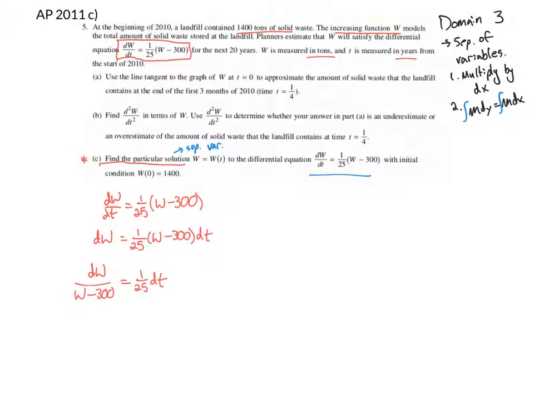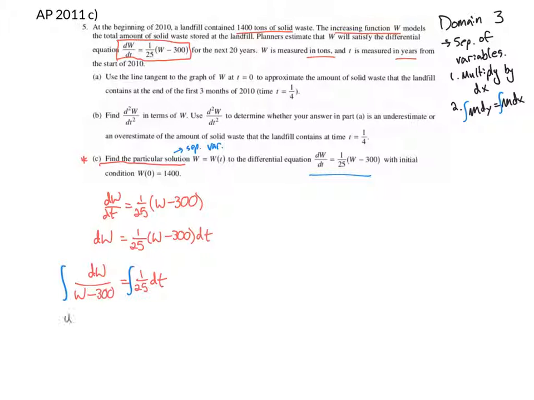From here, you can see that I've got W's with dW and t's, or just a number with dt. So what I can do now is take the integral of both sides and see what I would get. So this left side integral, I want you to know that pretty well. If you don't know it, you can kind of learn to recognize it by doing a little u substitution.